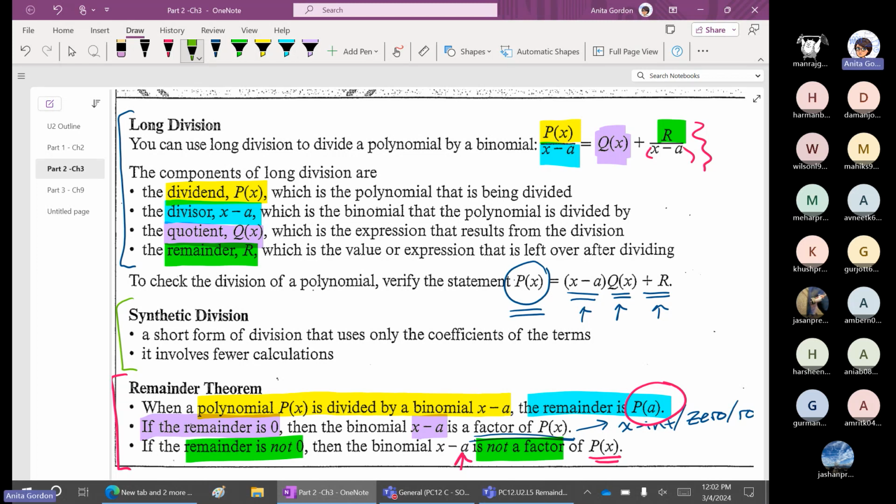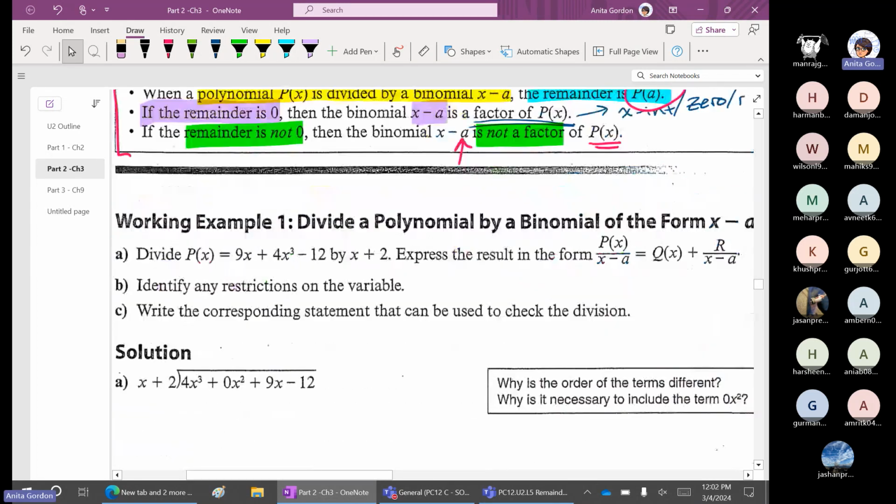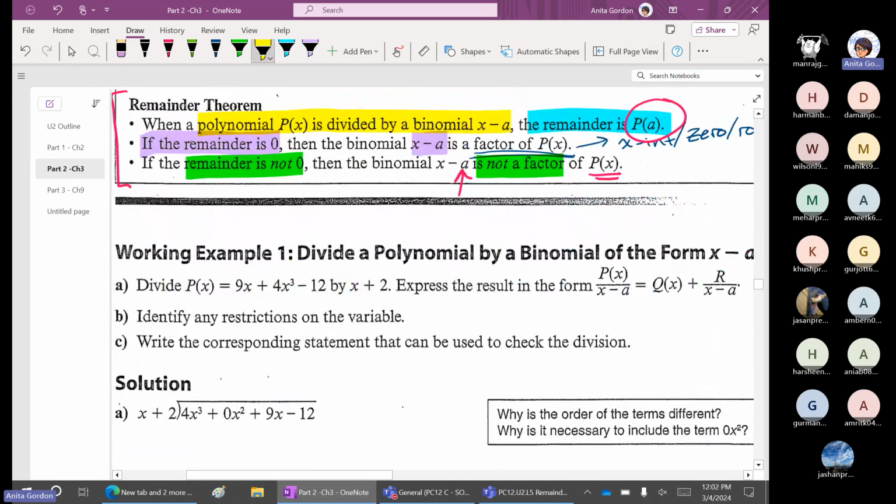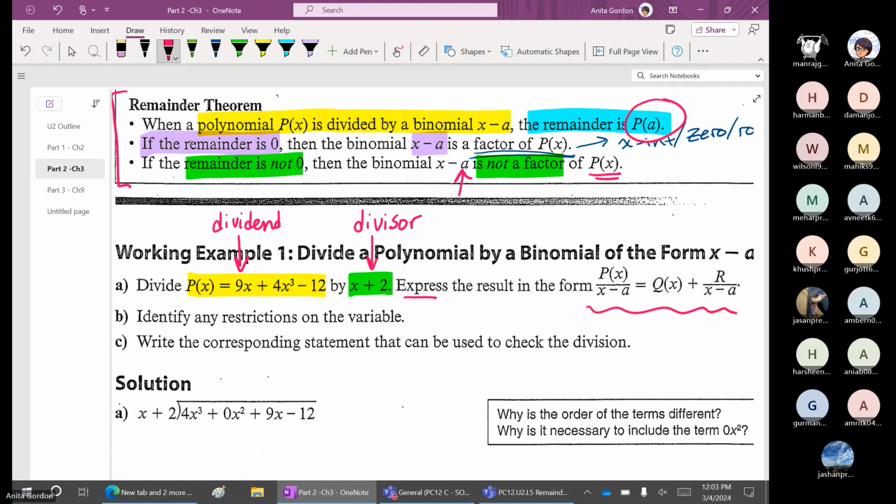Okay, so let's start with some examples here. Given a polynomial, here it is, 9x plus 4x cubed minus 12x. Let us divide it by x plus 2. So here is my p of x, the dividend, and my x plus 2 is my divisor. We want to express the result like this.